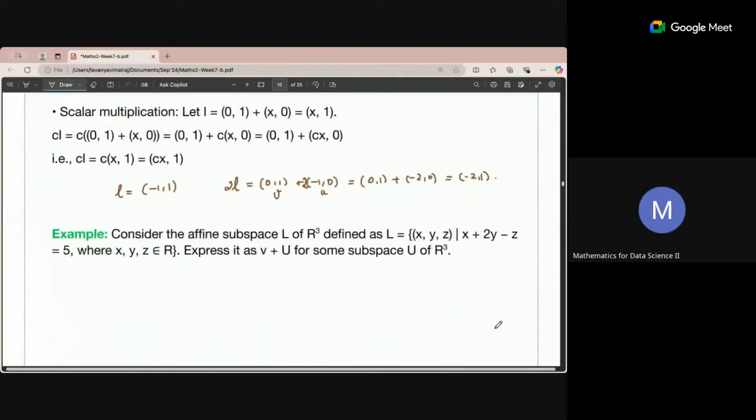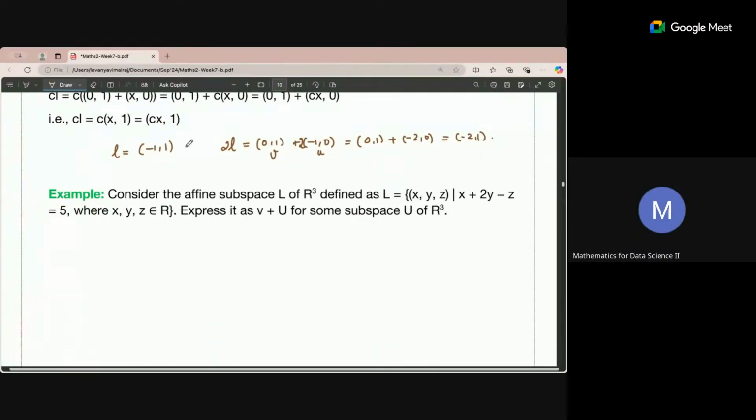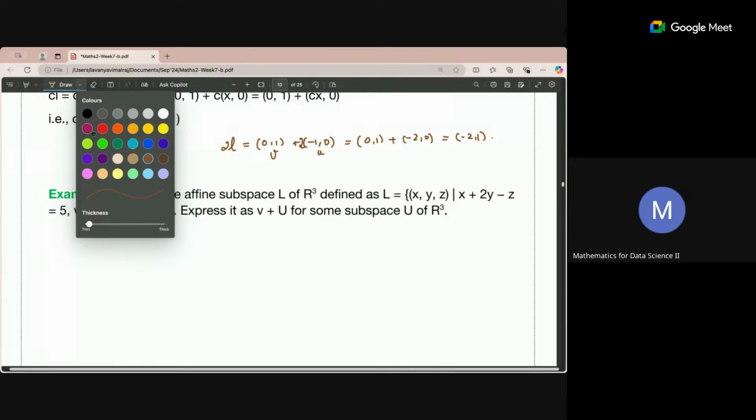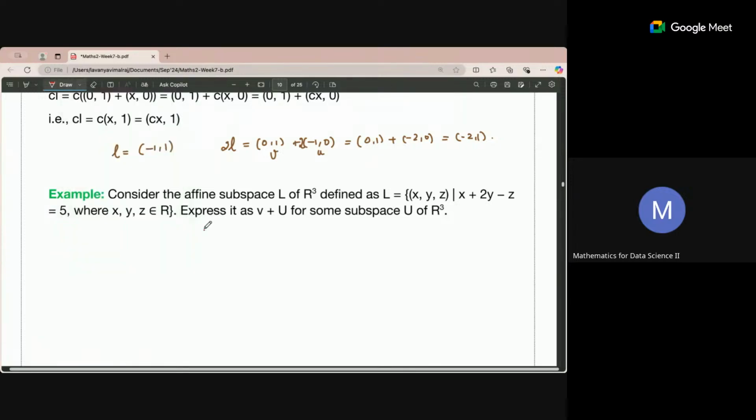Okay. So now let us look at an example. Consider the affine space L of R3 defined in this way. Now express it as V plus U for some subspace U of R3. Now this is a common rule for any plane. So remember this, or you can understand it also.